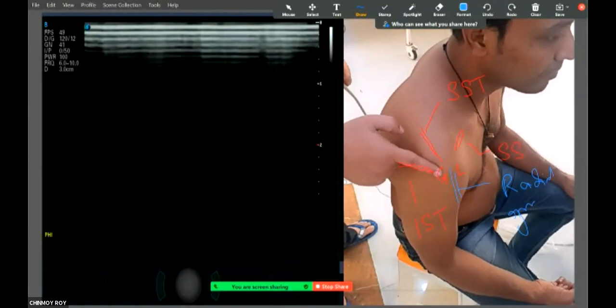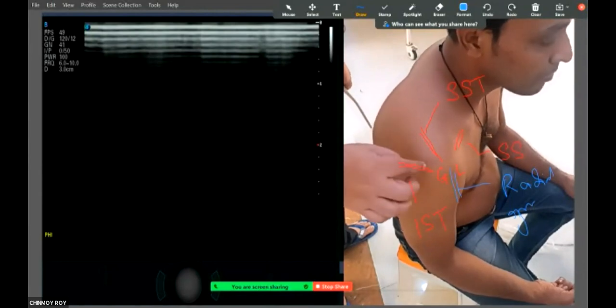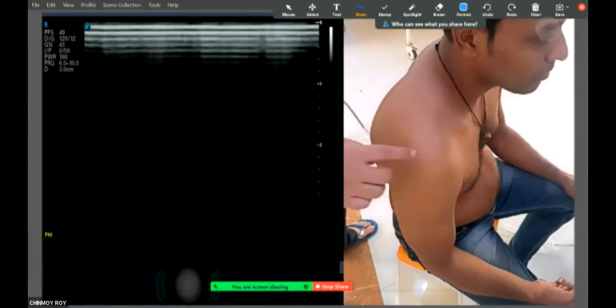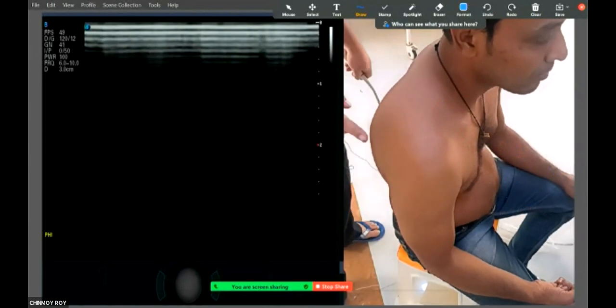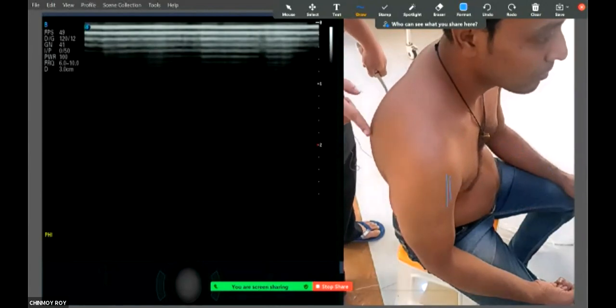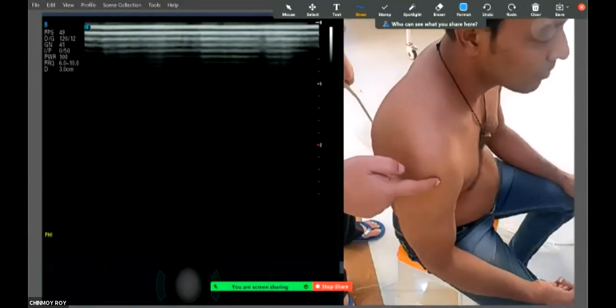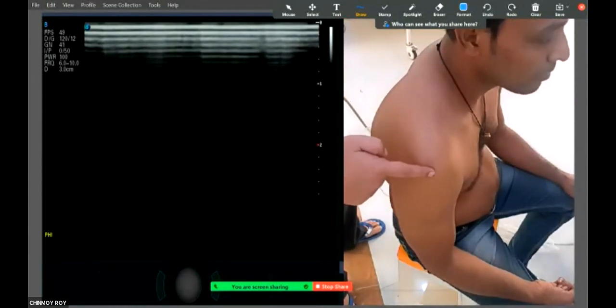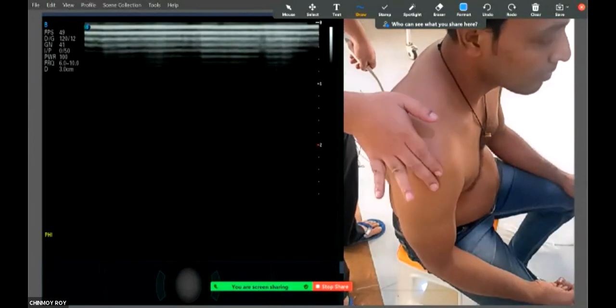It will also go to the greater tubercle of the humerus. Another muscle below the infraspinatus is the teres minor. The teres minor will also go to the greater tubercle, again just below the infraspinatus. So these 3 muscles will go like this.